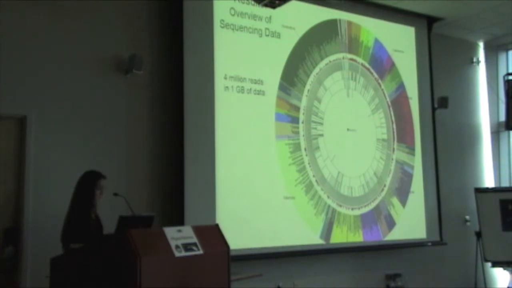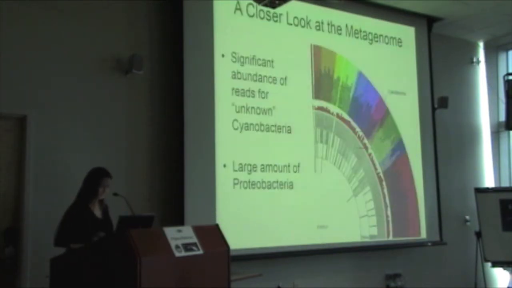But if you look at these bars right here, you can see that they're higher than a lot of these red bars. And that's a good thing because they're more abundant, I guess you could say.